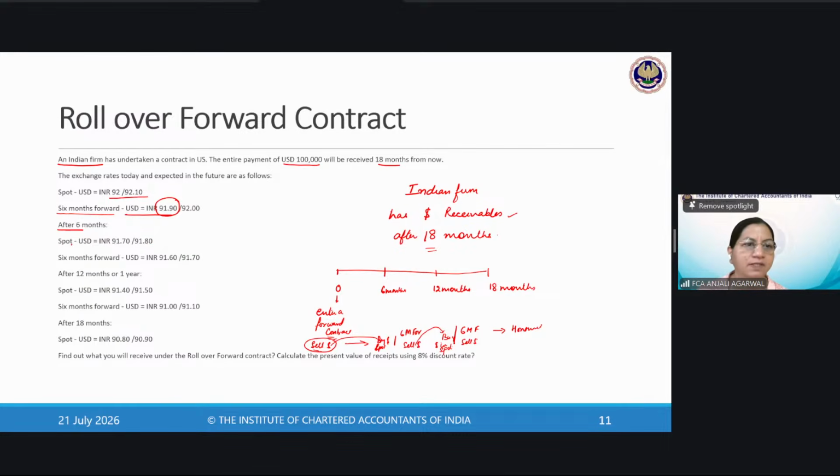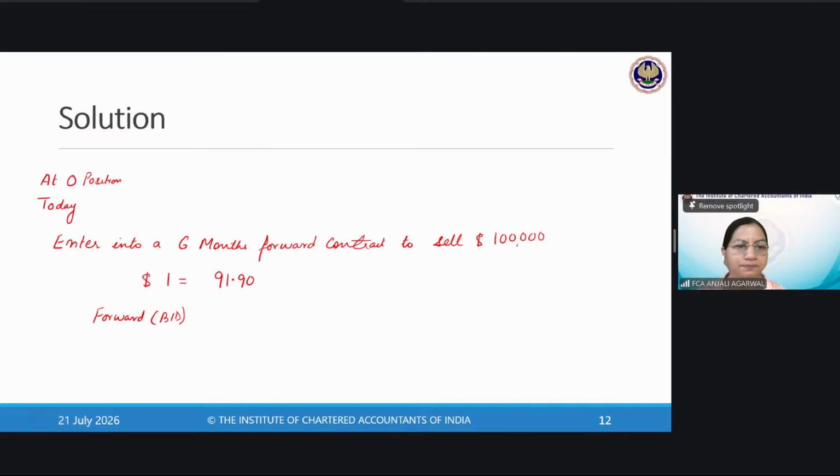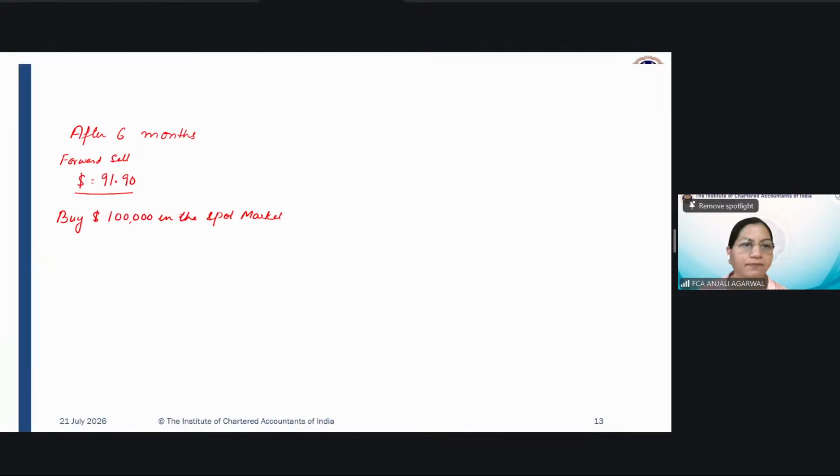So after 6 months, what is the spot market? USD to INR is 91.70 and 91.80. And you're going to buy from the spot. So $1 is going to cost you 91.80 rupees. Still, there is a gain.